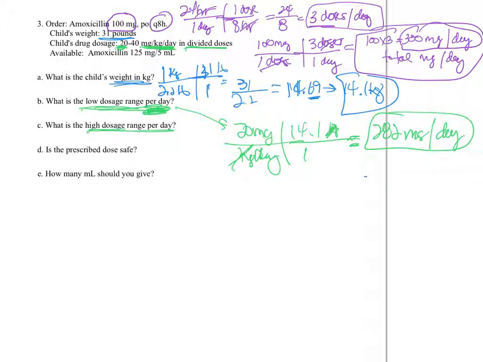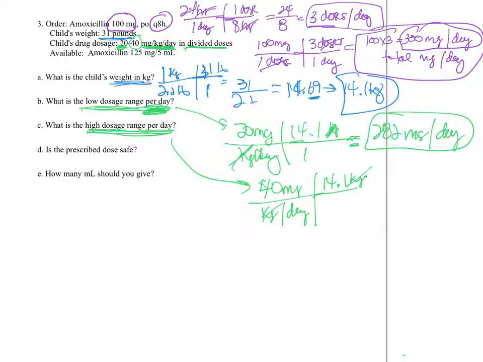So now let's do our high dosage range per day. The high dosage range per day was 40. So 40 milligrams per kilogram per day, times 14.1 kilograms, right?